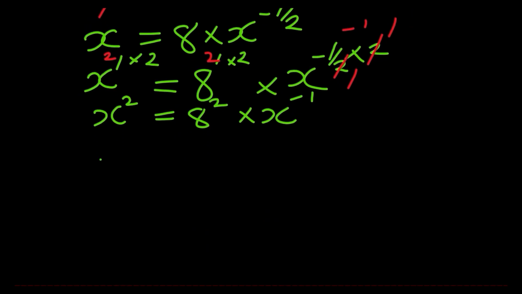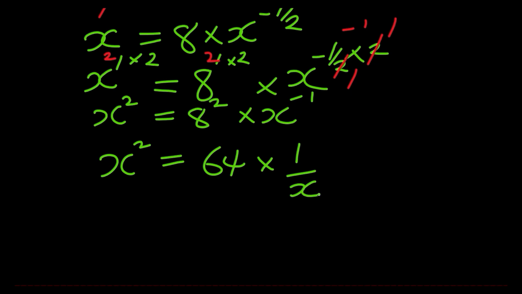Rewriting the expression, x squared is equal to 8 times 8, which gives us 64, and x raised to the power minus 1 is the same thing as times 1 over x.